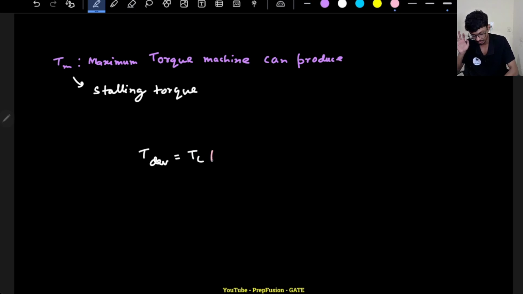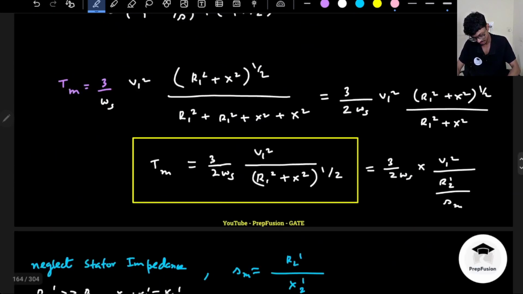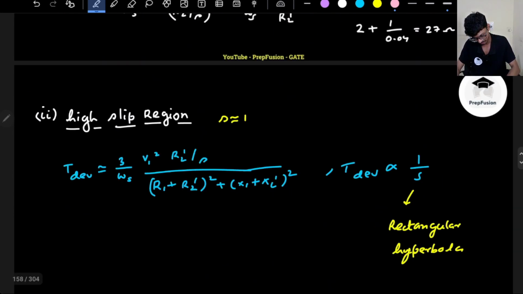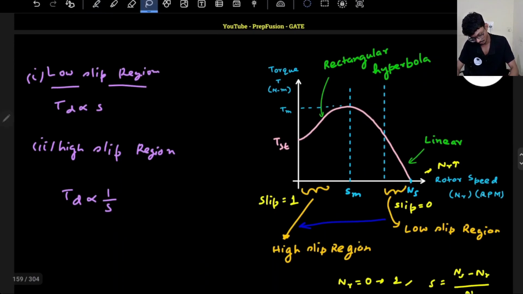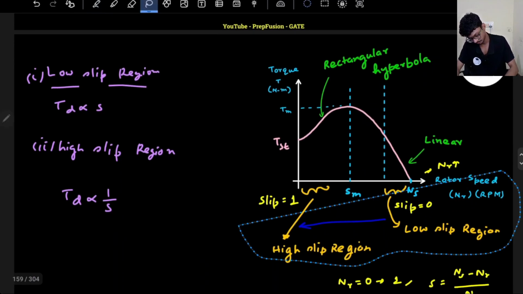So if I keep on increasing my load torque, the developed torque has to also increase, right? So there is a stall point where my developed torque cannot increase anymore. This is the graph.